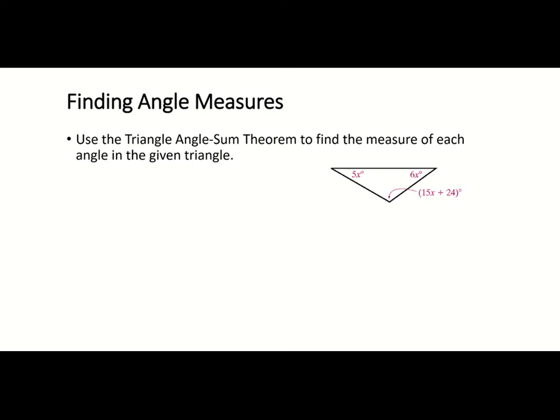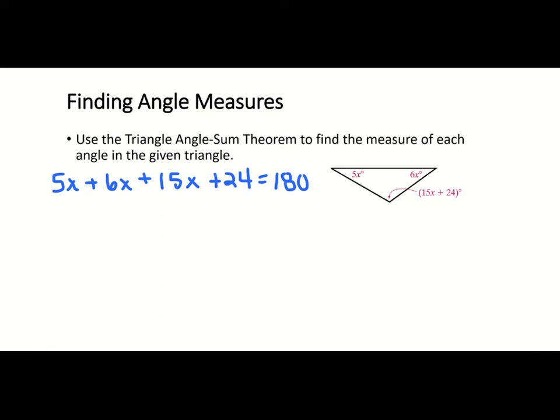So I'm going to do 5x plus 6x plus 15x plus 24, make it equal to 180 degrees. I will combine like terms.